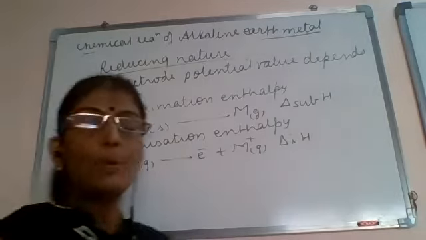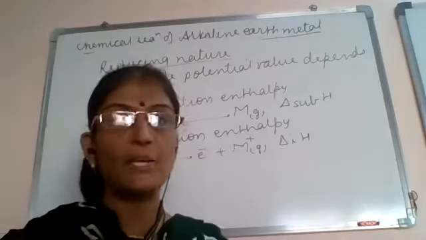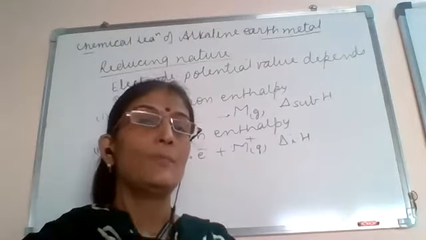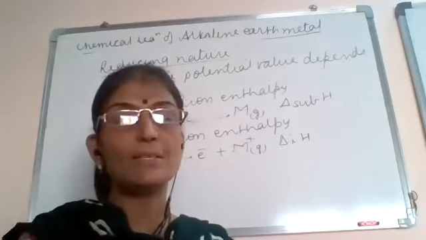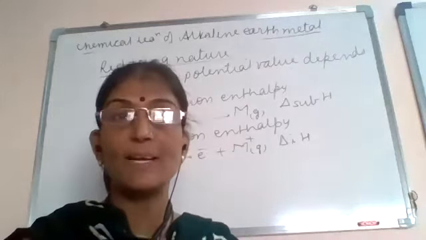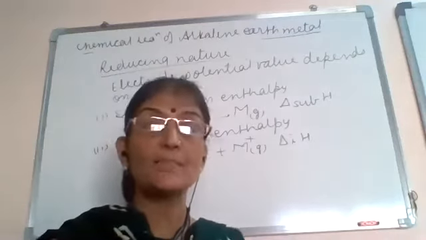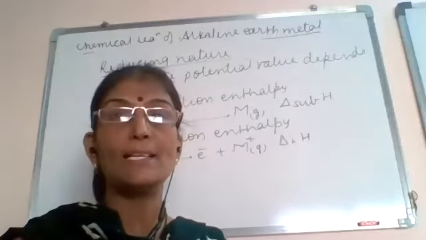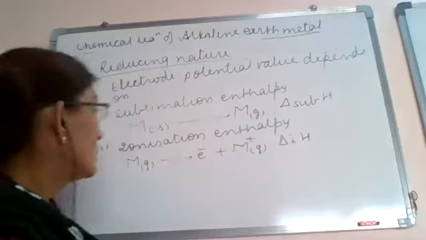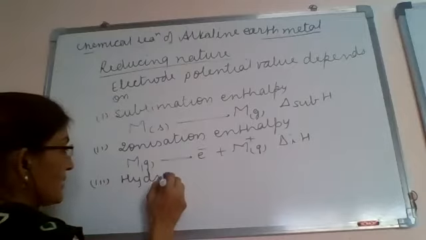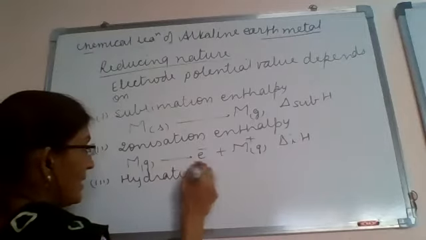So second enthalpy which decides the electrode potential value is ionization enthalpy. First is sublimation enthalpy because metals are solid. First solid metal is converted into gaseous metal, and then this gaseous metal is converted into gaseous ion. That is called ionization enthalpy. Third is hydration enthalpy. What is third, student? Hydration enthalpy.